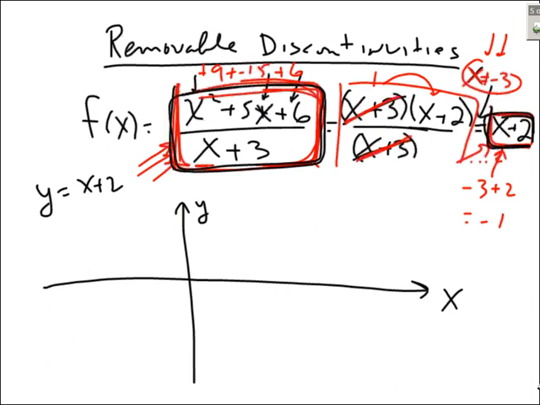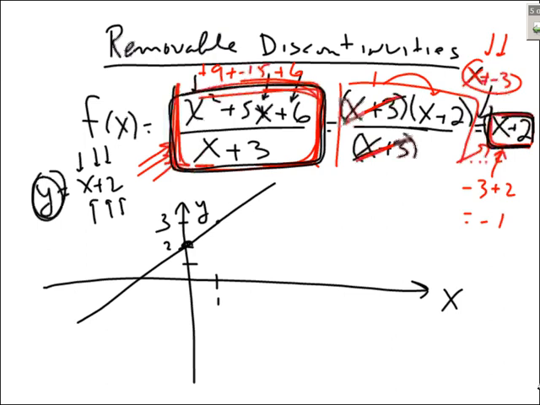If x is 0, 0 plus 2 is 2, so y is 2. When x is 0, I go up 2. If x is 1, 1 plus 2 is 3, so y is 3. So this is the graph, y is equal to x plus 2. Negative 1, negative 2, negative 3.